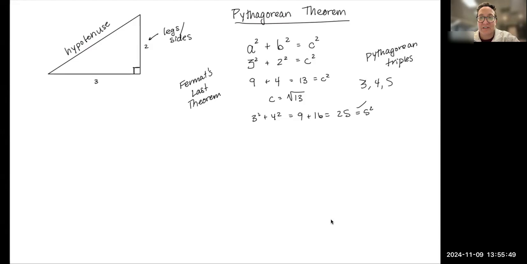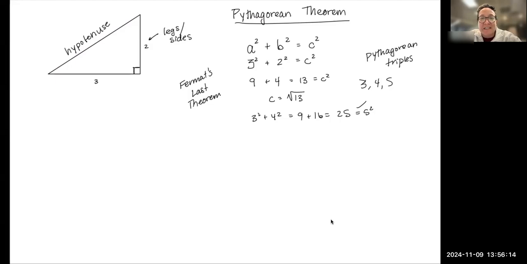Like, could you do it for cubed or to the fourth or to the fifth? And he said, "Well, it's super easy to do, but I can't show it here. So I'll tell you later." And then mathematicians for hundreds of years struggled to prove or disprove that. So look into that. It's super fun. There's lots of other videos here on YouTube that will tell you about that.